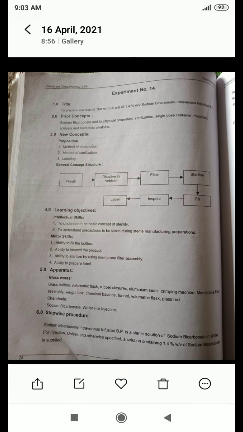Okay, then the stepwise procedure. Firstly, sodium bicarbonate intravenous infusion BP is a sterile solution of sodium bicarbonate in water for injection. Unless otherwise specified, a solution containing 1.4% weight by volume of sodium bicarbonate is supplied.